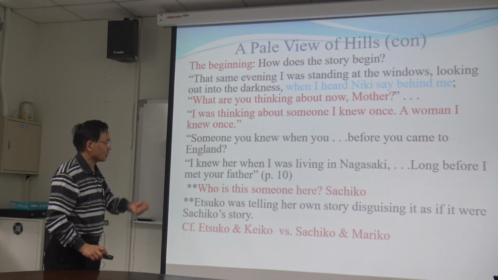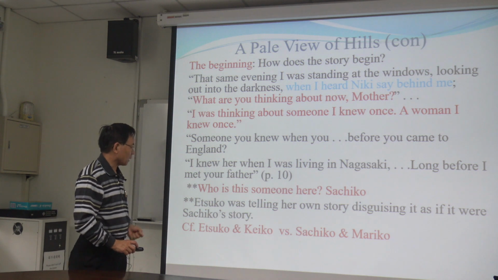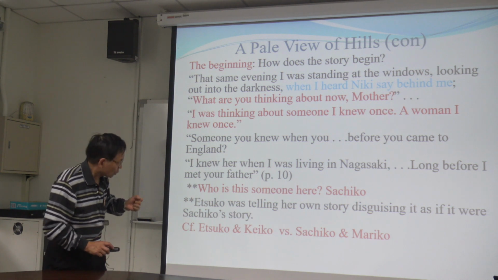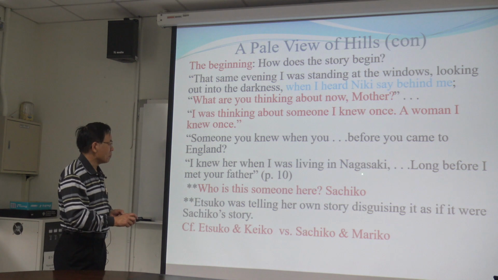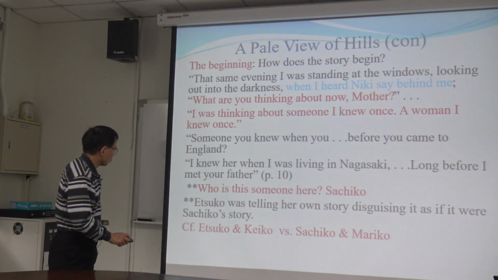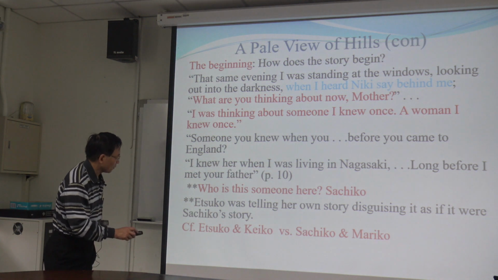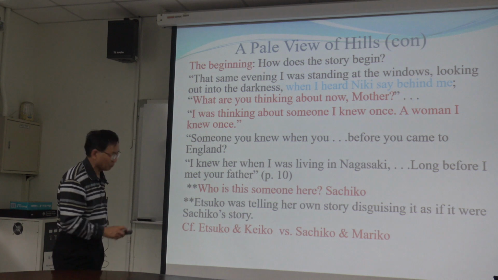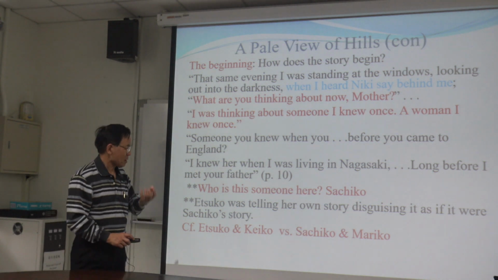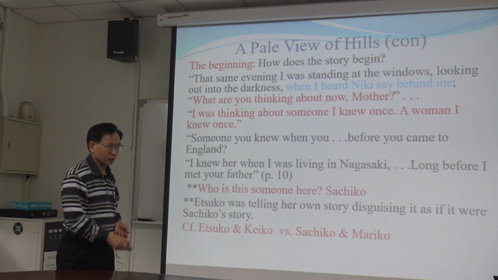So obviously, the good strategy of Ezuko is she creates a mother character, Sachiko. And of course, through the story, we know Sachiko, like Ezuko, also has a young daughter named Mariko here, Mariko.